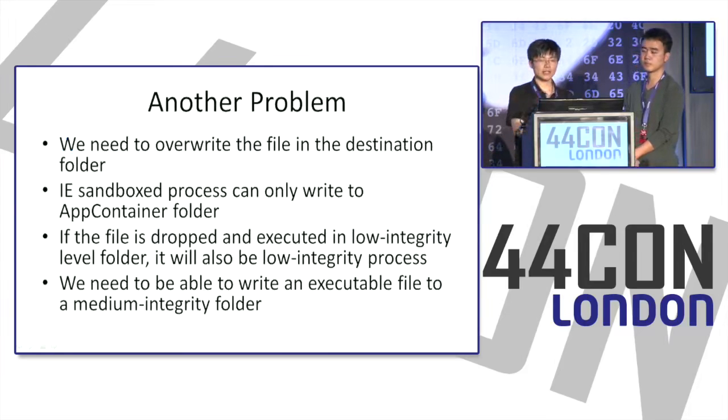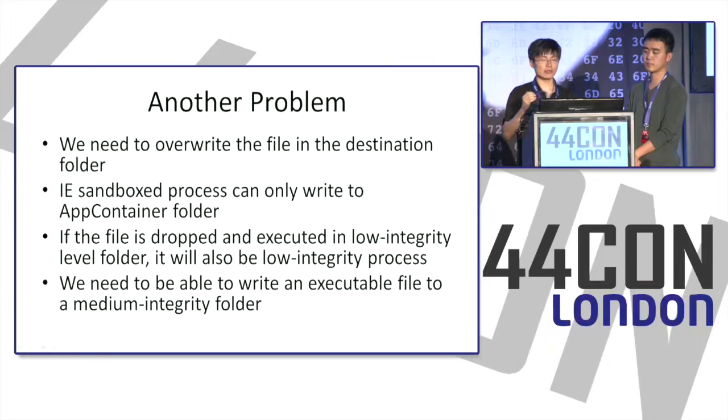It sounds like a nice plan, but we have another problem here. The destination folder of the installation should have at least medium integrity level, because our program is started from this folder. And if this folder is low integrity, the process started in this folder will also be low integrity.